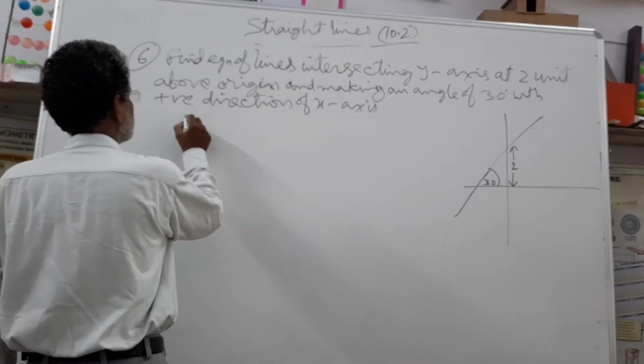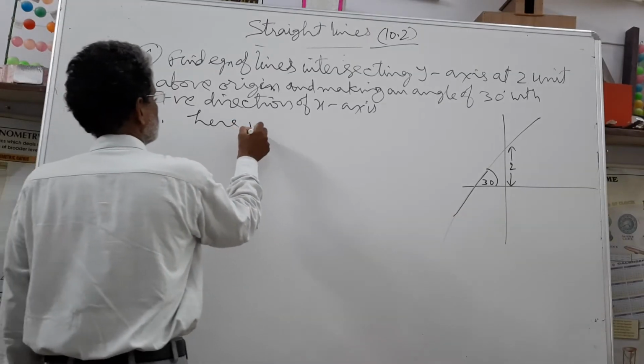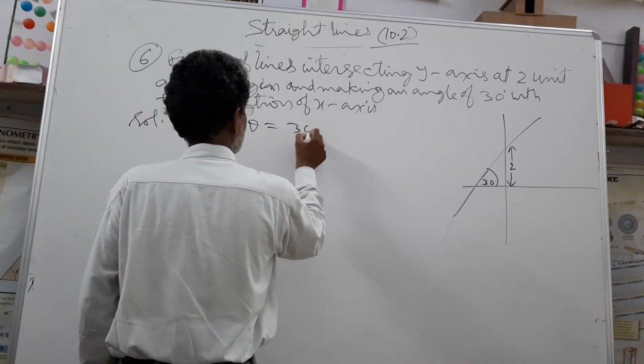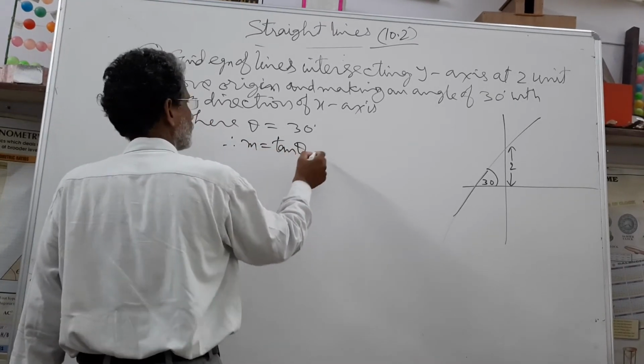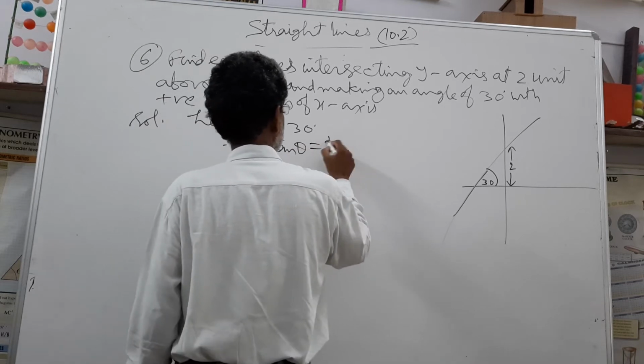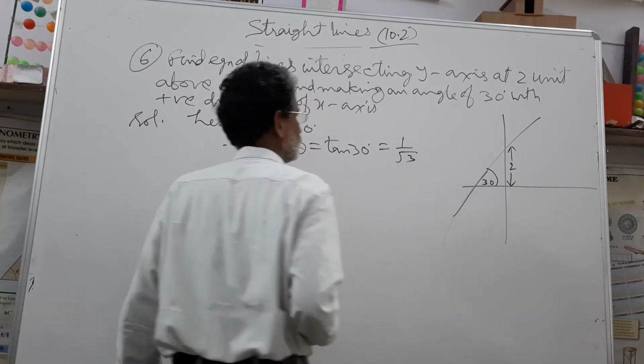So here theta is 30 degree given. So therefore m is equal to tan theta is equal to tan 30 degree is equal to 1 by root 3.